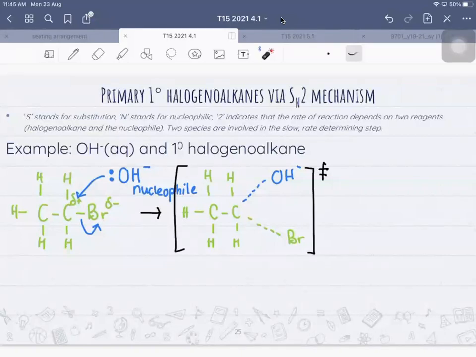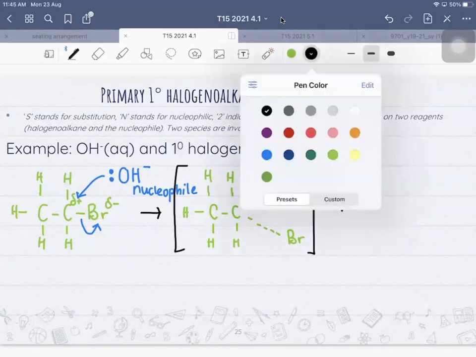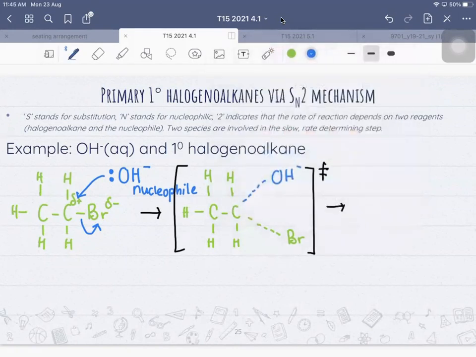Next is then your product. Okay, so as I said, before I go on to the product, this is bond forming. It is about to form, and this is bond breaking.